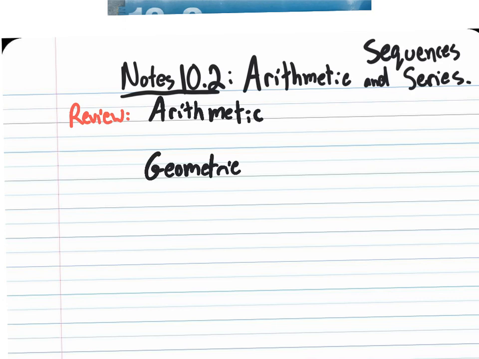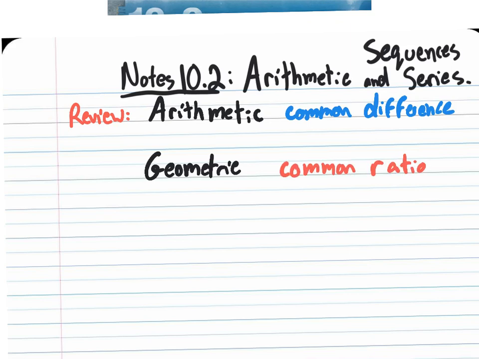An arithmetic sequence has a common difference. And a geometric sequence has a common ratio. I hope we remember that they use the variable d to denote common difference, and the variable r to denote common ratio.